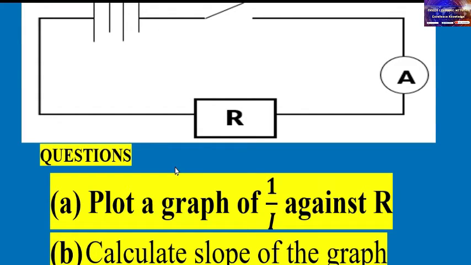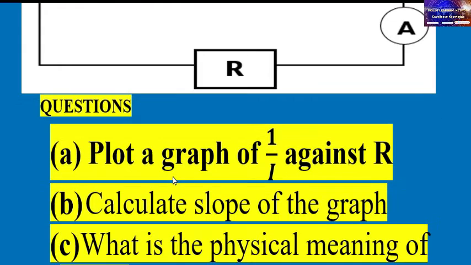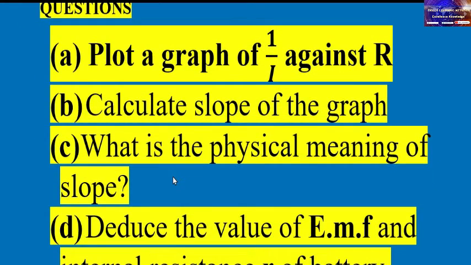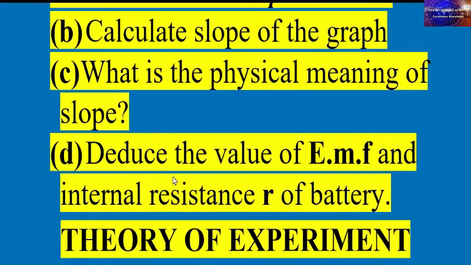Question number 1, plot a graph of reciprocal of current against the resistance R. Another question, calculate the slope of the graph. Another question, what is the physical meaning of the slope? And you can also be asked to calculate the value of the E.M.F and the internal resistance of a battery. Those are questions which can appear in a question like this one.